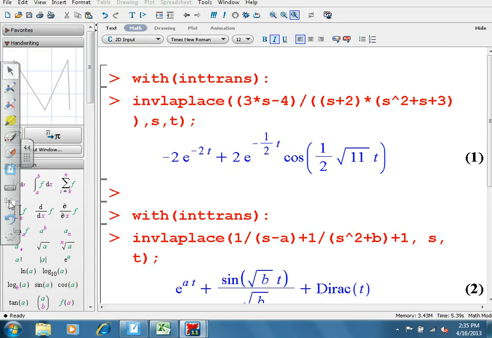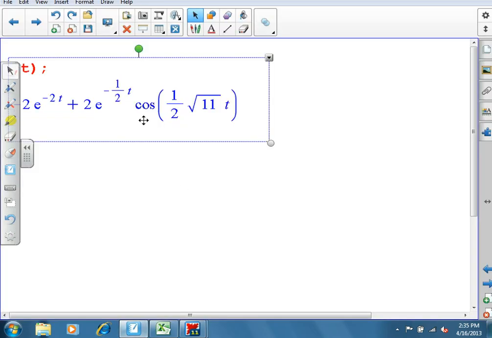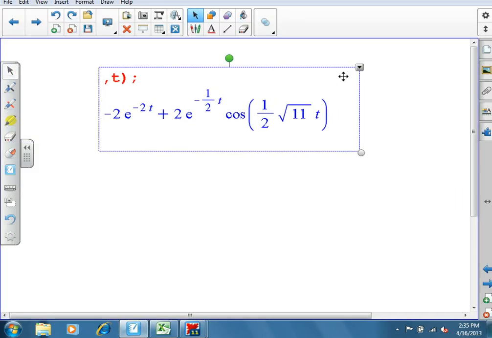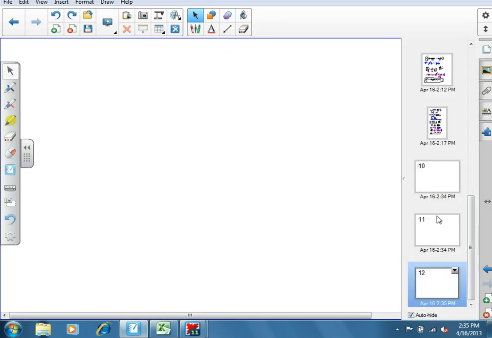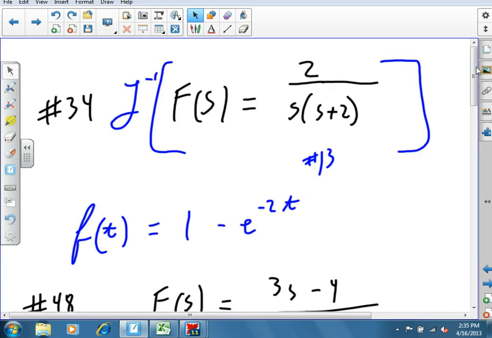There, is that big enough for you, stupid computer? Can you see it now? Okay, very good. I got some extra stuff there, but copy, cut, and we're up here.